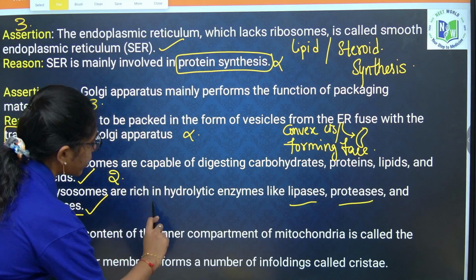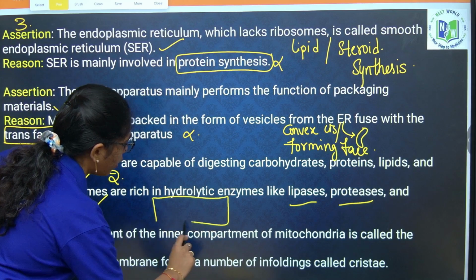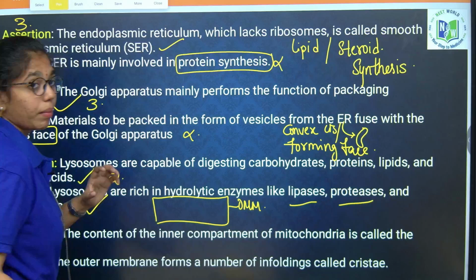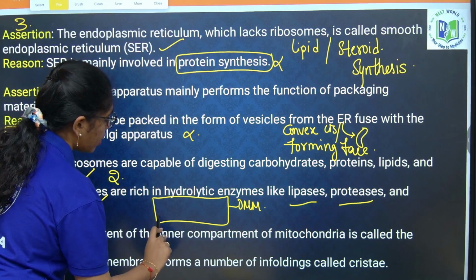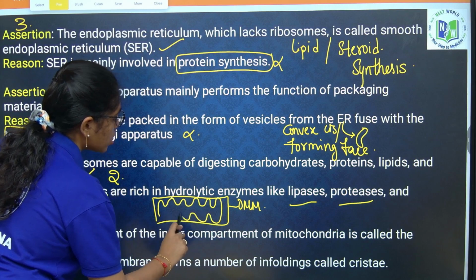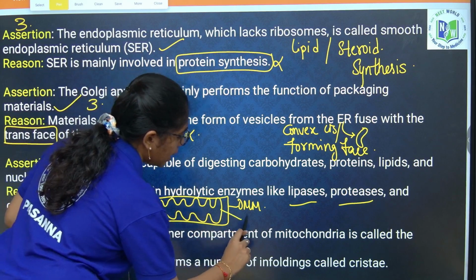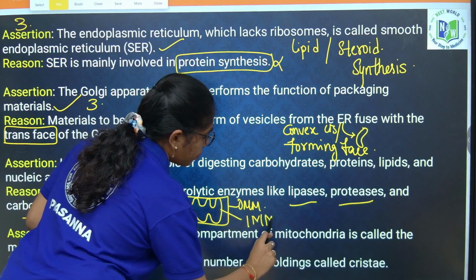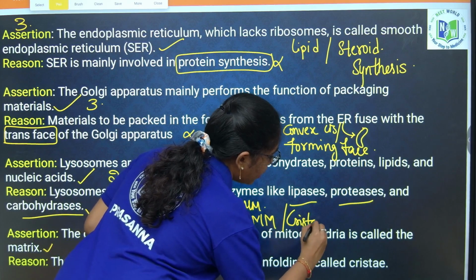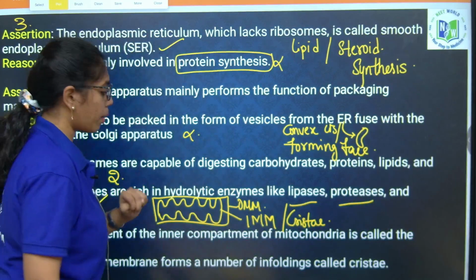Next question. The content of the inner compartment of mitochondria is called matrix. Yes, mitochondria has 2 membranes, the outer mitochondrial membrane and the inner mitochondrial membrane, which is folded in the form of cristae. The inner mitochondrial membrane will divide the mitochondria into two compartments.